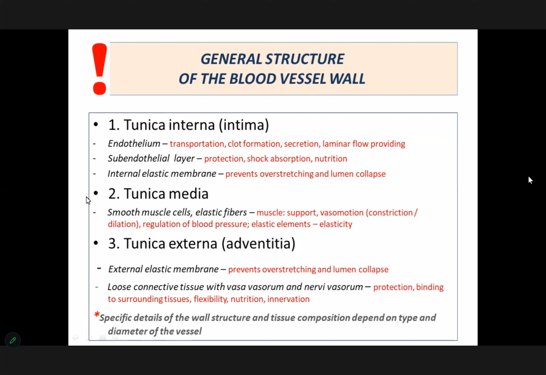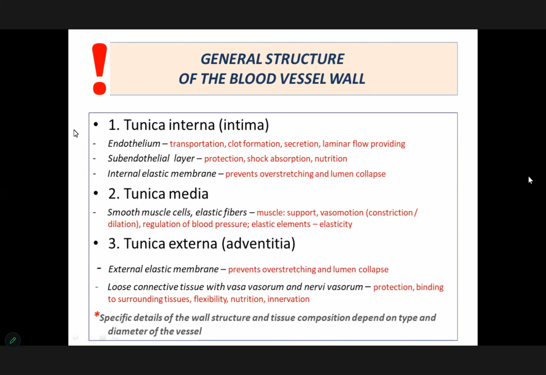The middle layer is called tunica media, and the outer layer is called tunica externa or adventitia. We usually use the terms intima, media, and adventitia for these 3 layers of the vessel wall.